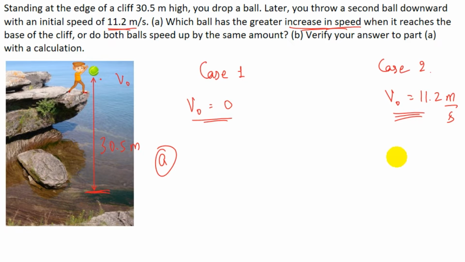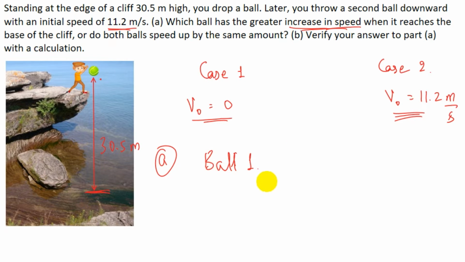That is what we can conclude from here, that the first ball will travel for a longer period of time to reach the base. Therefore the increase in speed will be greater for ball 1.